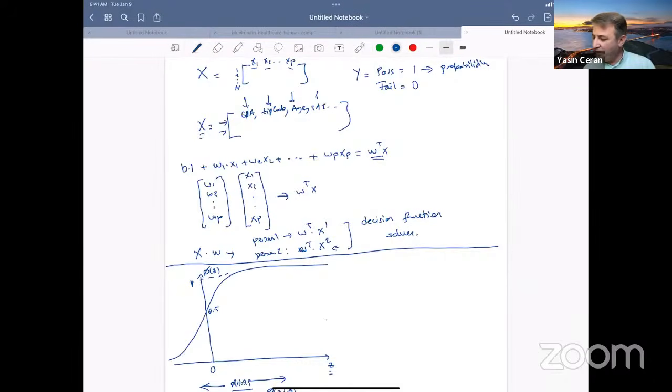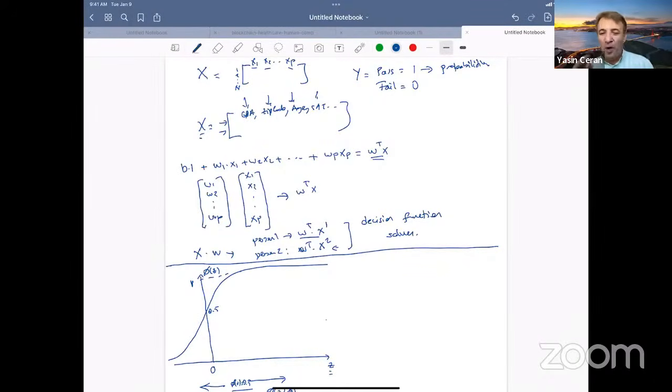Depending on this decision function value, I'm going to say this student is going to pass, which is 1, with probability P1. The second student is going to pass with probability P2. If P2 is very small, the passing probability is very small, so my decision will be fail.